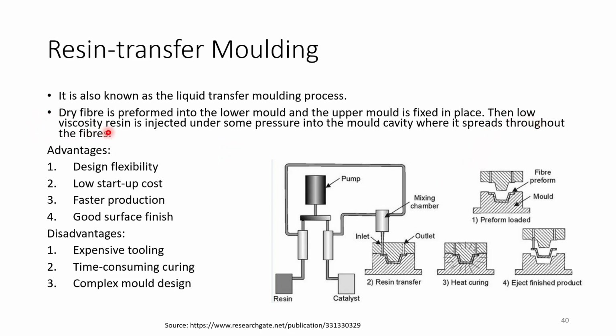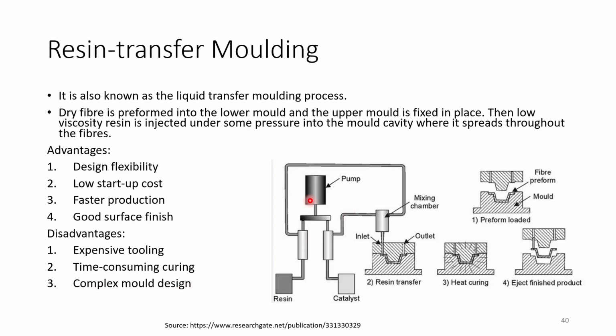Then low viscosity resin is injected under some pressure into the mold cavity, where it spreads throughout the fibers. So here are the advantages: design flexibility, low startup cost, faster production, good surface finish. And disadvantages include expensive tooling, time consuming curing and complex mold design.